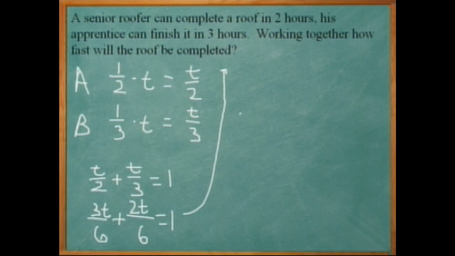So we have common denominators now, so we just add the numerators together. 3t plus 2t equals 5t over 6 equals 1. I want to get t by itself, so I can multiply both sides by 6.